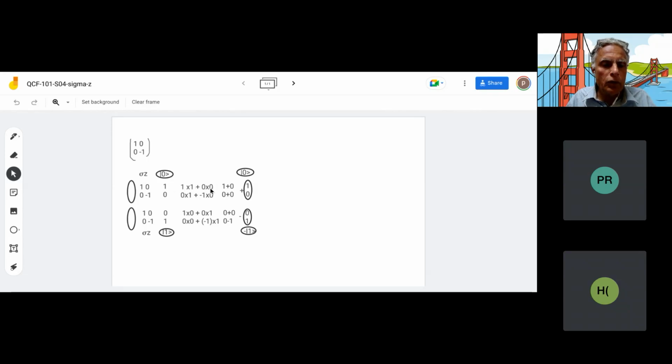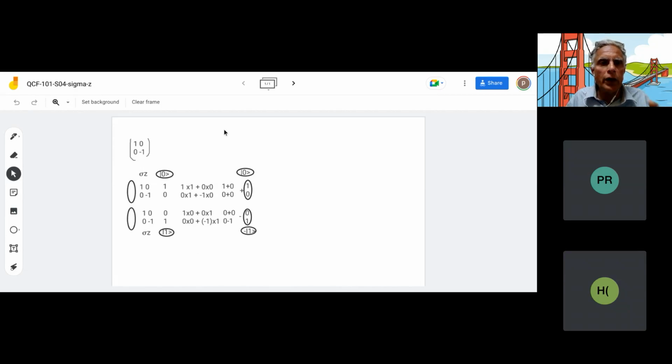This is the first item. Second, 0 into 1 minus 1 into 0, which is 0, and 0 into 1 is 0. So at the end of it, we get 1 plus 0 and 0 plus 0, which is 1, 0. This is going from Pauli matrix Z to ket notation or column matrix. Same way here. So this is 1.